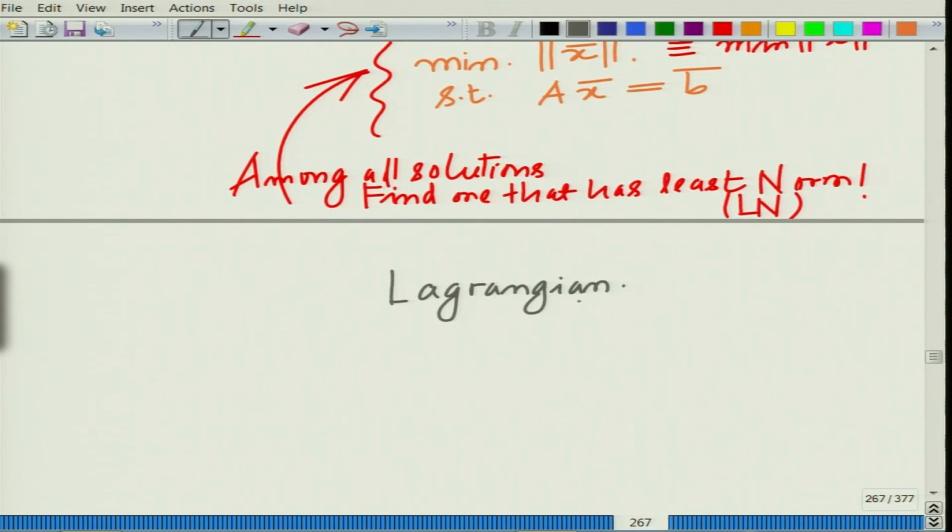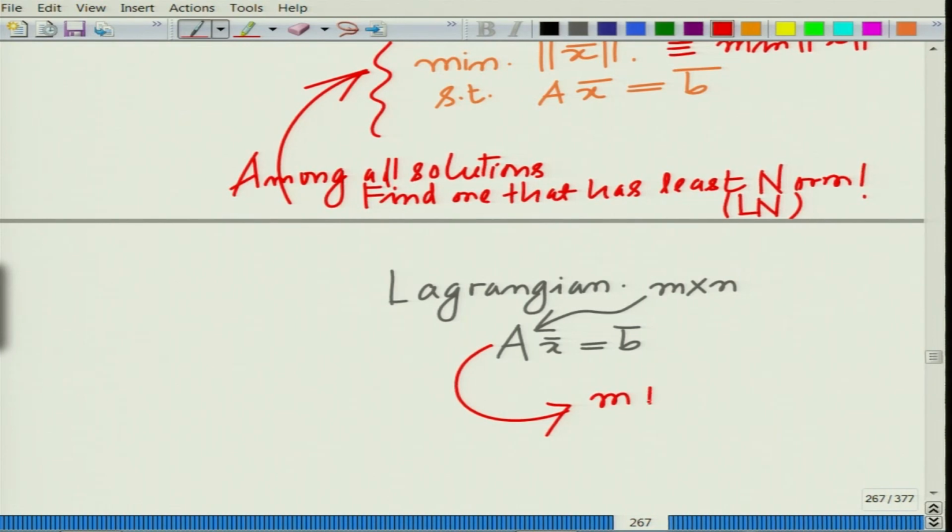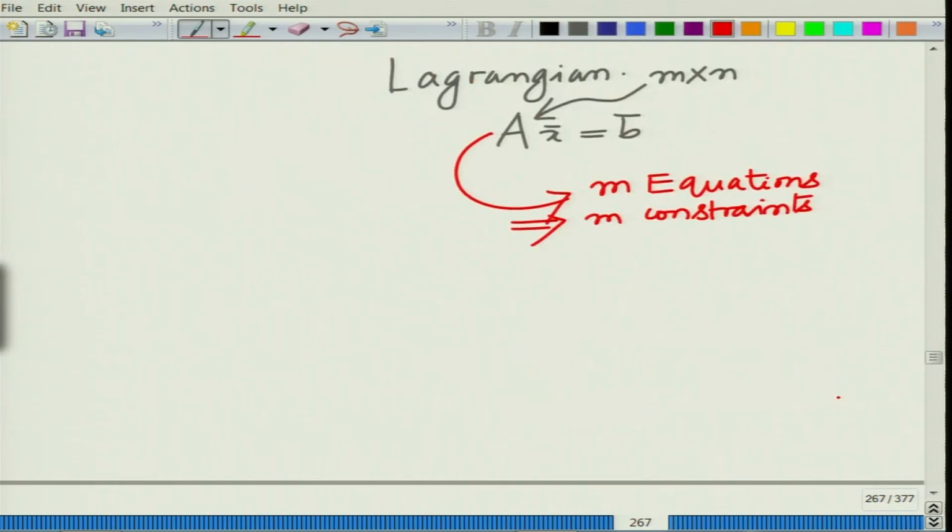Except here you realize that you have A x bar equal to b bar, which means A is m cross n, there are m equations, which implies there are m constraints. And therefore, we need m Lagrange multipliers.